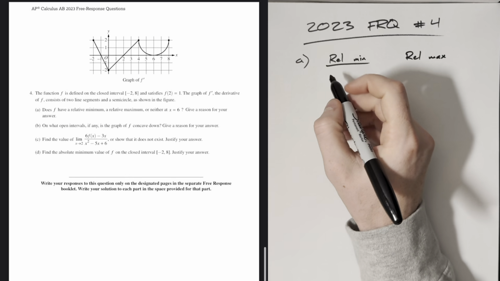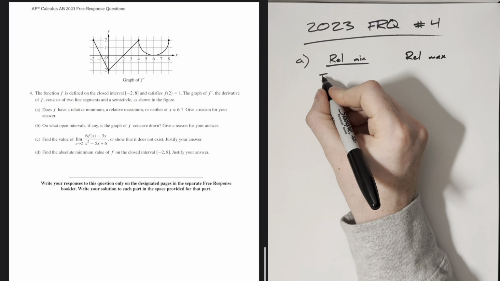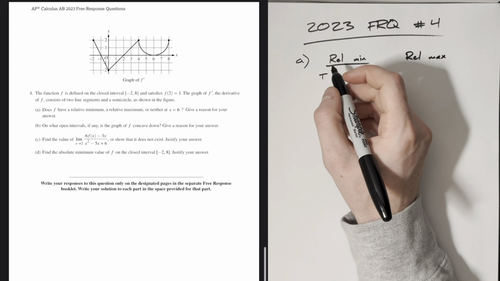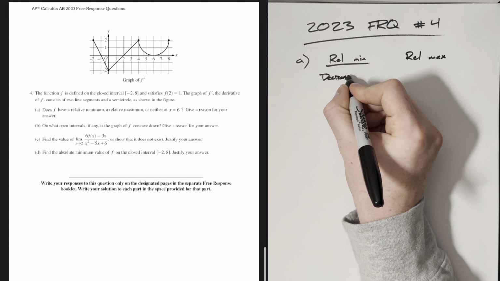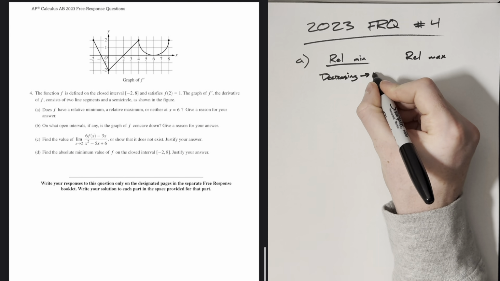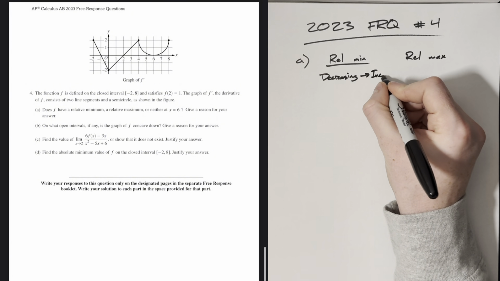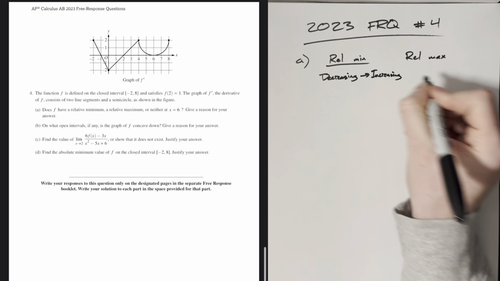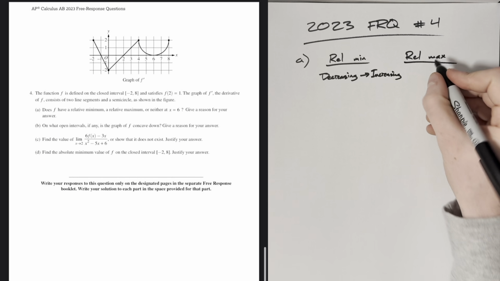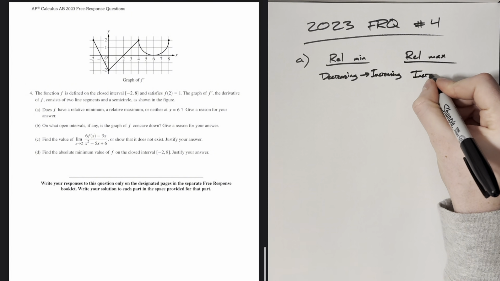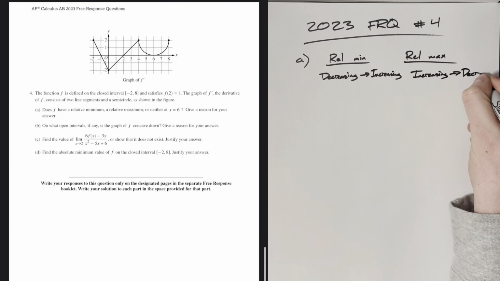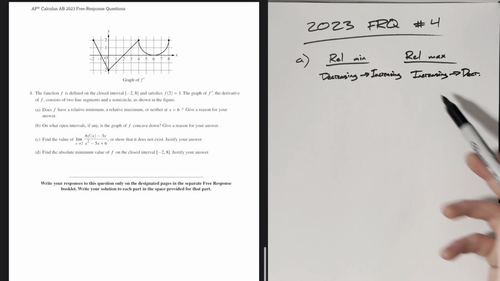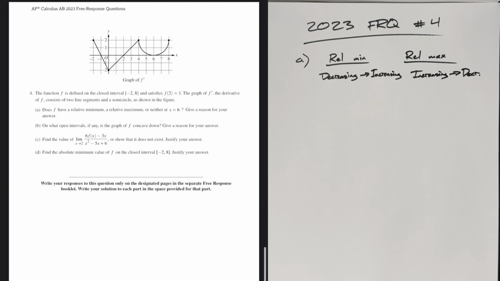A relative minimum happens when a function goes from decreasing to increasing. And a relative maximum happens when the opposite happens, increasing to decreasing, right? So when our derivative goes from negative to positive versus when it goes from positive to negative.